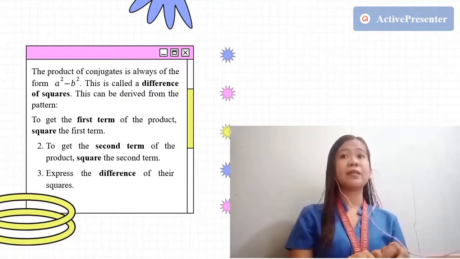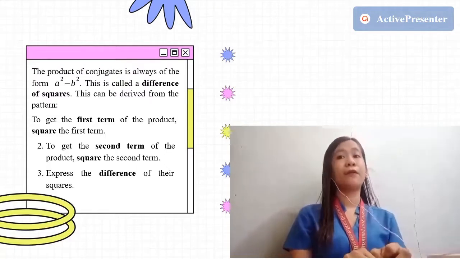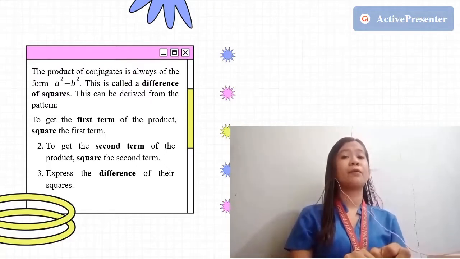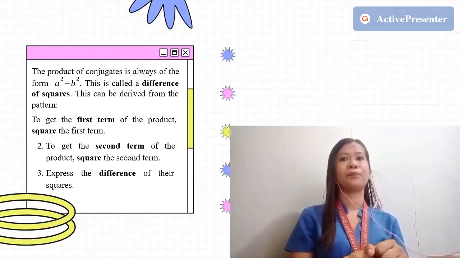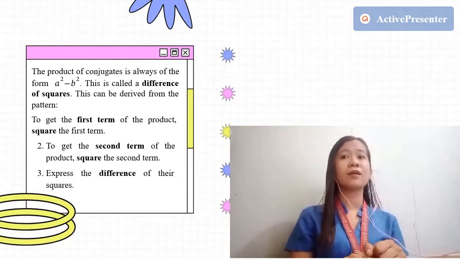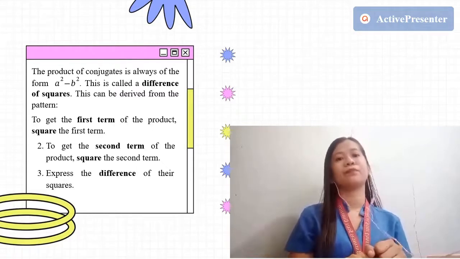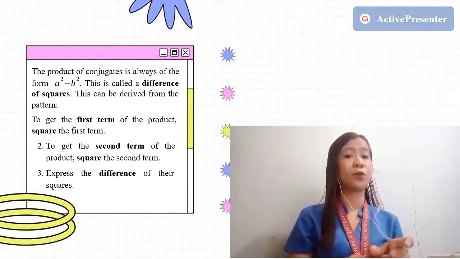This can be derived from the pattern. So we have the steps. First, to get the first term of the product, square the first term. Second, to get the second term of the product, square the second term. And lastly, express the difference of their squares.